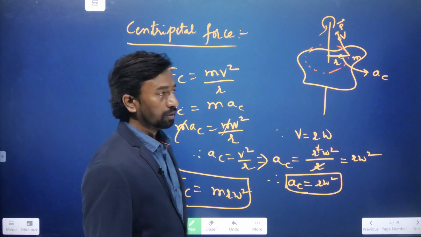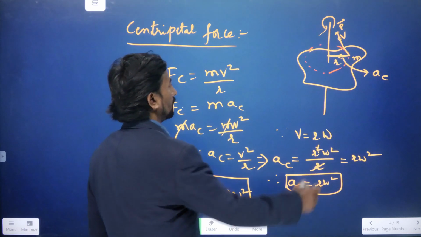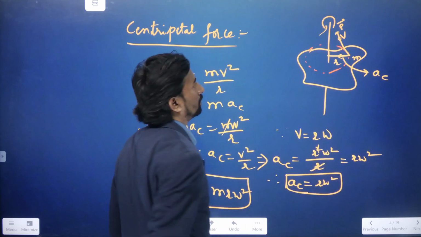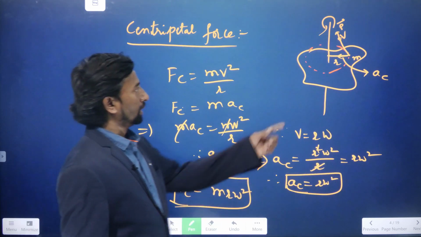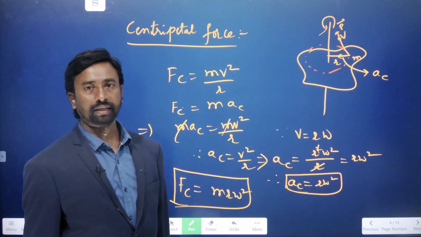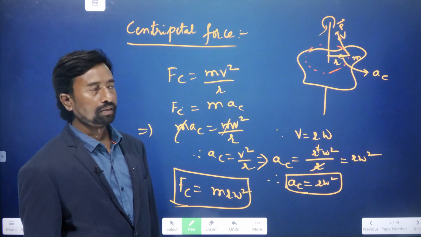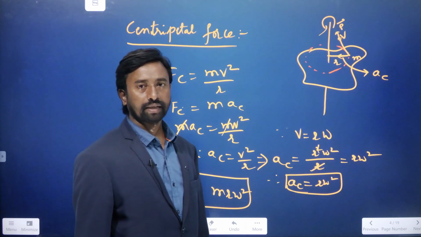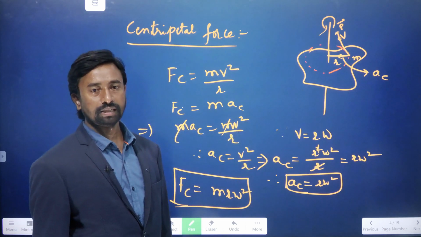And one more thing, there is also a tangential acceleration, along the tangent of the circular path. The acceleration that acts on the body along its tangent while rotating in the circular path is called the tangential acceleration.